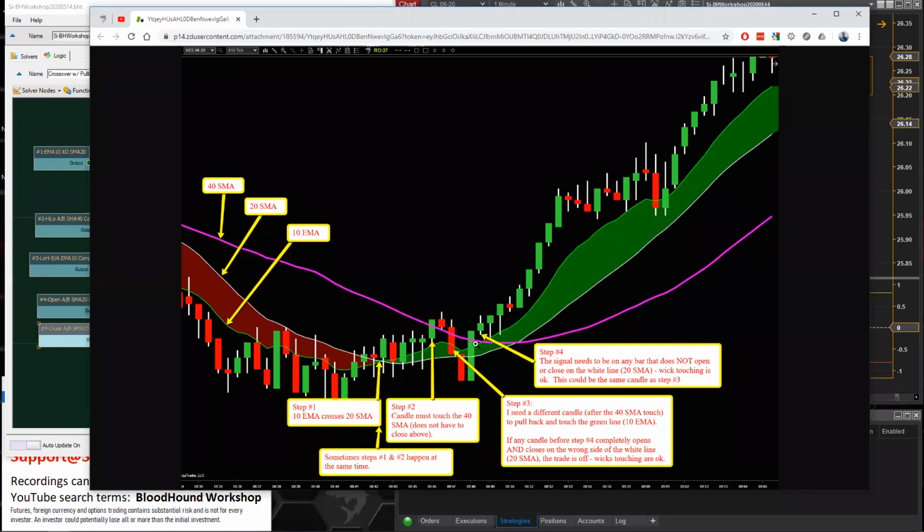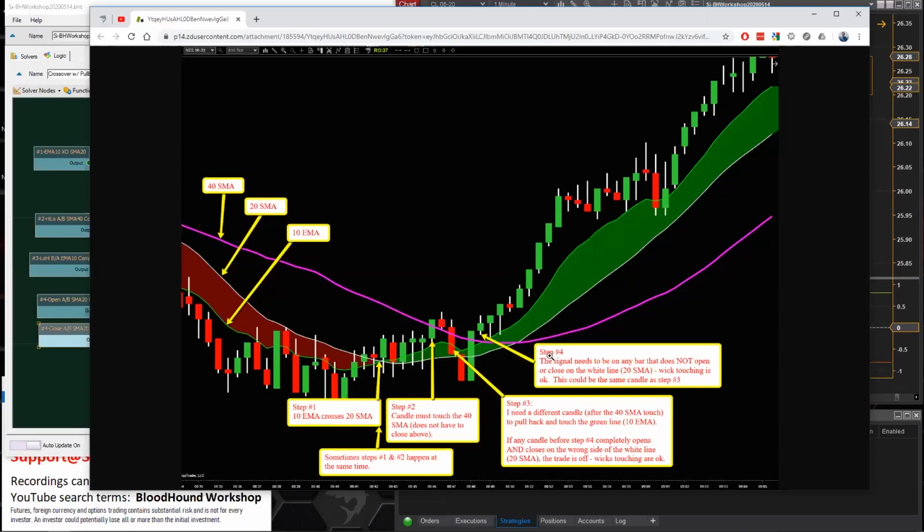All right, hold on. Oh, sorry. All right, guys. My original thought was correct. I do need to separate step 2 and step 3, but step 3 and step 4 could be the same bar here. We have a little comment in here, which is good.